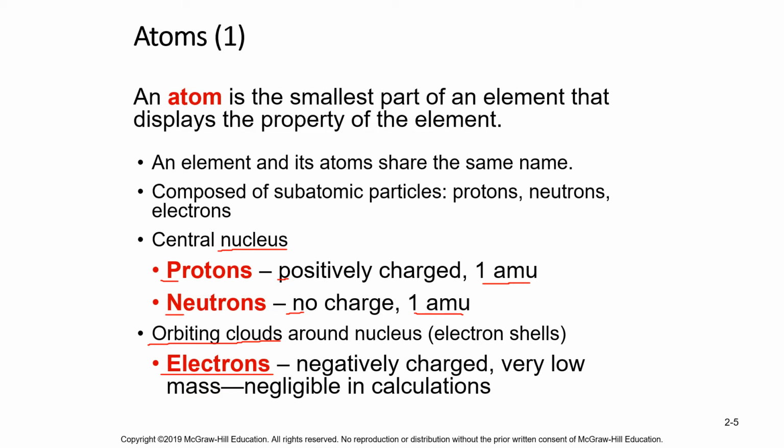And the reason they stay close to the nucleus is because the negative charge of the electrons is attracted to the positive charge of the protons. So the electrons, while they have some freedom, they won't get too far because of that attraction. And just remember, in chemistry and physics, opposites attract.